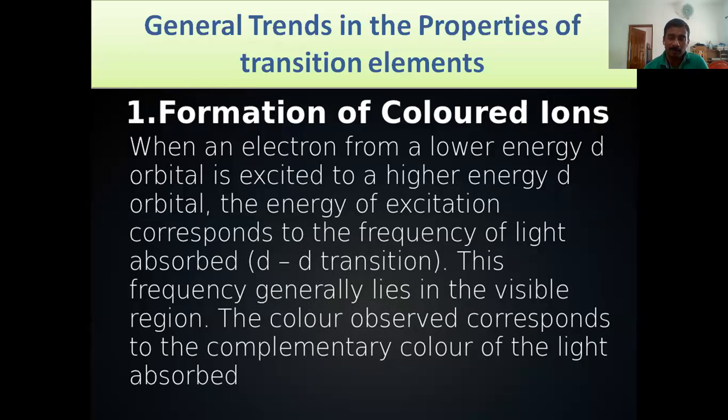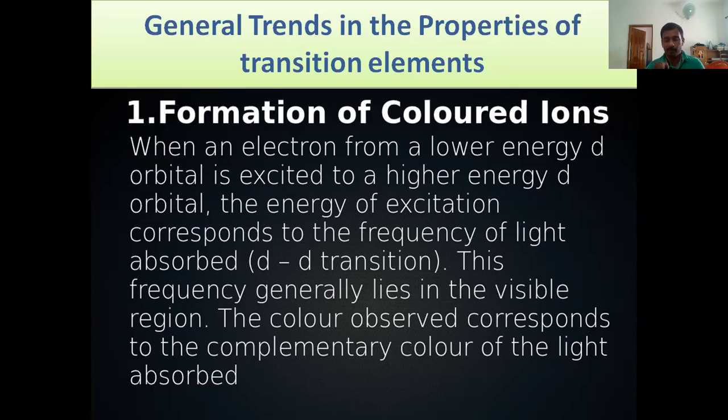Copper sulfate solution, blue in color. Similarly, in the case of cobalt nitrate, that is purple color. So the transition metal compounds have color. Metal compounds contain metal ions. So we can say these are forming colored ions.